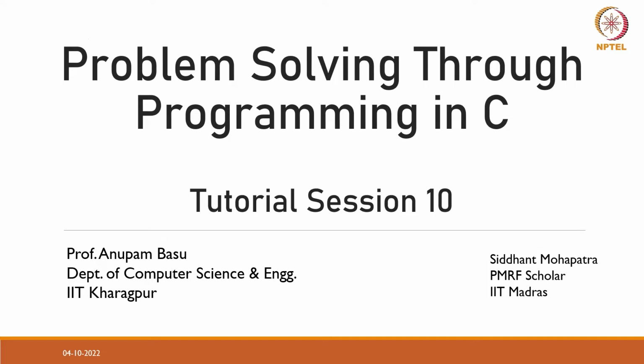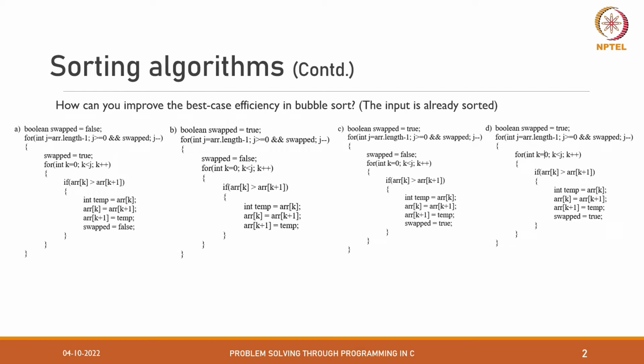But before going to the topic at hand, I would like to discuss something from the previous lecture. We had a question where an option was greedy algorithm. The question was, what kind of algorithm is linear search? There were different options. Linear search was a brute force algorithm. Among the options, one was this greedy algorithm.